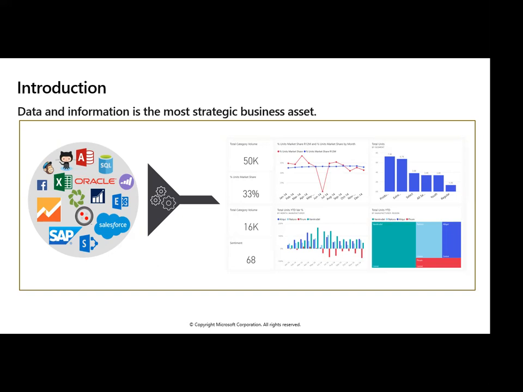There's SharePoint, the one that has an S, in between Salesforce and SAP. Is this Facebook, the one with F? Yeah, that's Facebook. Which other one do we have there?